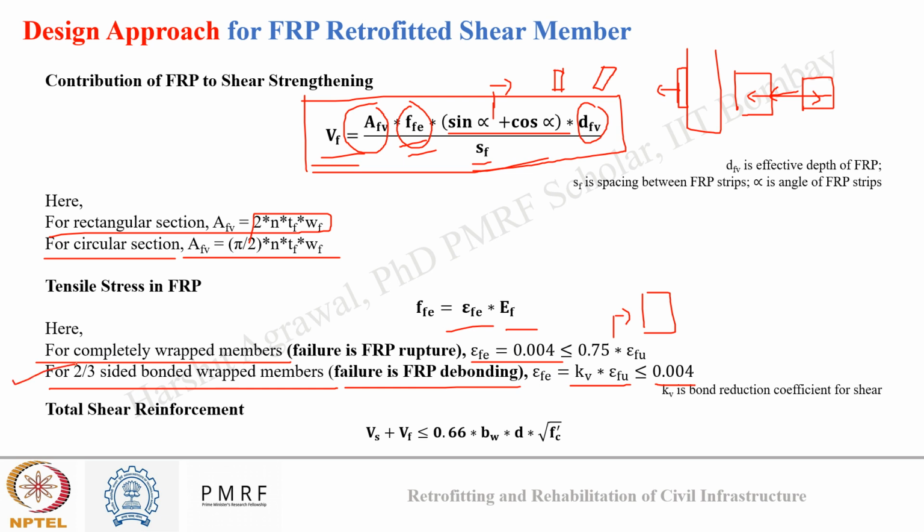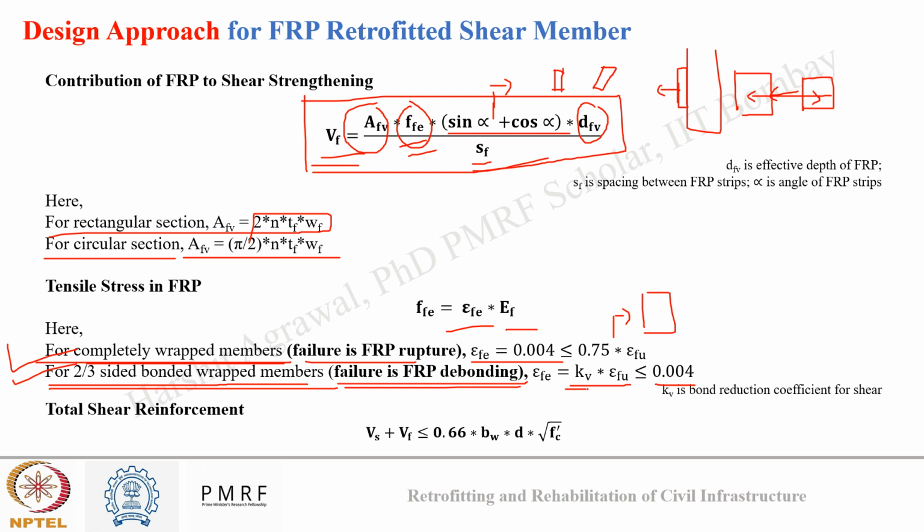It is generally seen from literature and previous studies that when it is a completely wrapped member, the failure is FRP rupture, and when it is a two-sided or three-sided bonded wrapped member, the failure is generally FRP debonding. So instead of first calculating what type of failure will happen in shear, we know the failure type when we are choosing the FRP.